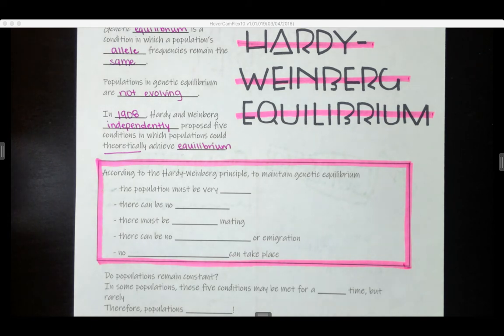So this idea of Hardy-Weinberg principle, in order to maintain genetic equilibrium, there has to be 5 things that are true, and you have to have all 5 of these things in order for this to happen.